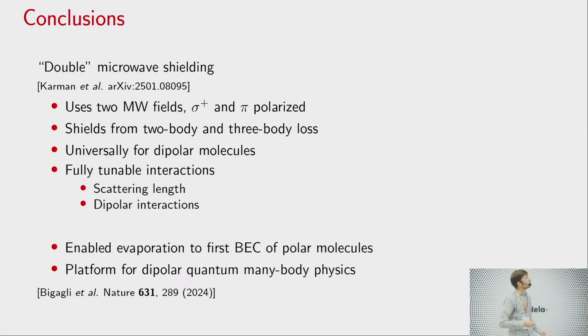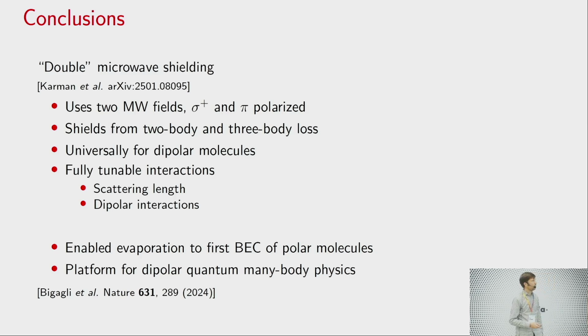So just to conclude, I've discussed double microwave shielding. This name has a double meaning because we're not only using double the microwave fields, a sigma and a pi polarized field, to shield from double the loss mechanisms, two-body and three-body loss, but also you get control over the remaining interactions, both the scattering length and the dipolar interactions.